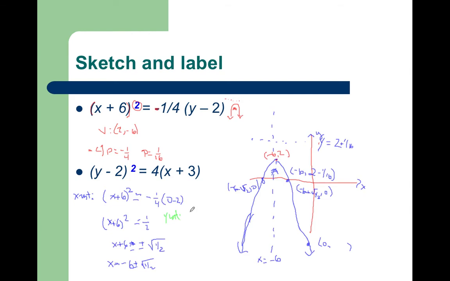The y-intercept is when x is 0, right? So you have 0 plus 6 squared is equal to -1/4 y minus 2.